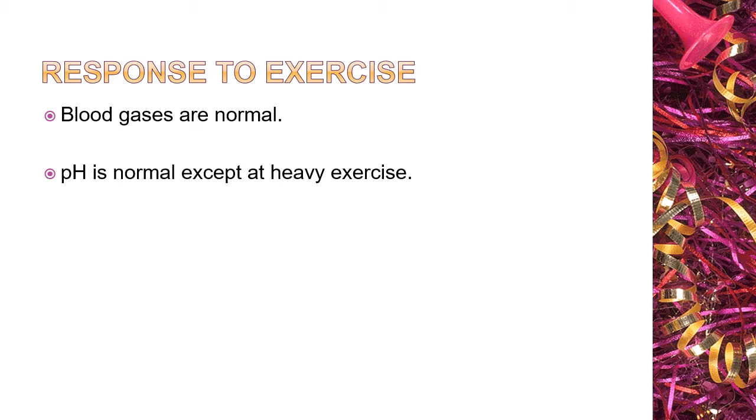It will take quite a while, before the rate of carbon dioxide being removed and the rate of carbon dioxide being produced become imbalanced, and therefore our body starts to become slightly acidic. That's why I put the pH is normal except at heavy exercise, because our body has this mechanism to make sure that the pH is at a stable level.